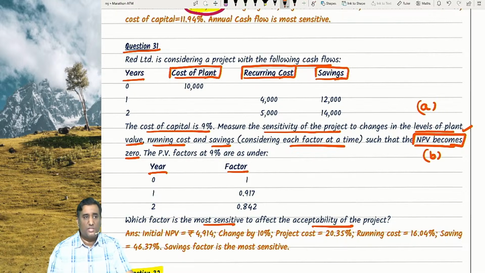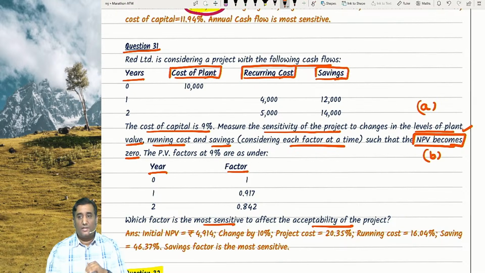NPV becoming 0 basically means we change each factor. For example, if I push slightly something and it falls, and another one I'm trying very hard but it does not fall. Sensitive is when I say a small thing to you and you get hurt, and there are people you keep saying anything to, and nothing will happen to them.